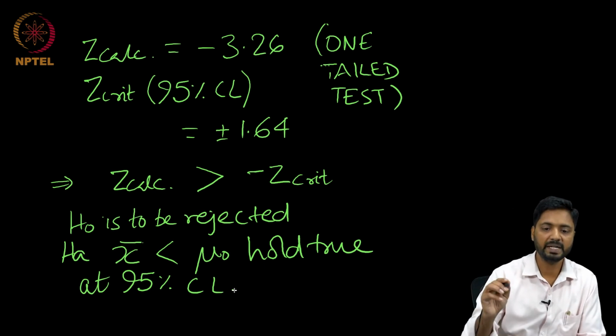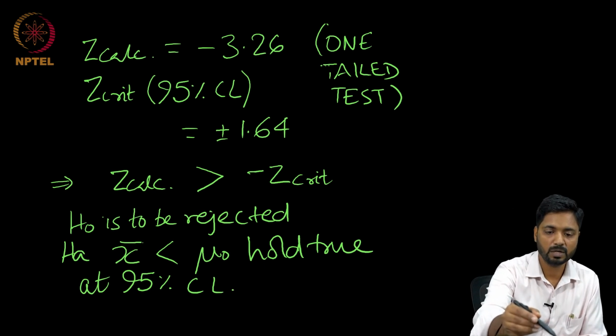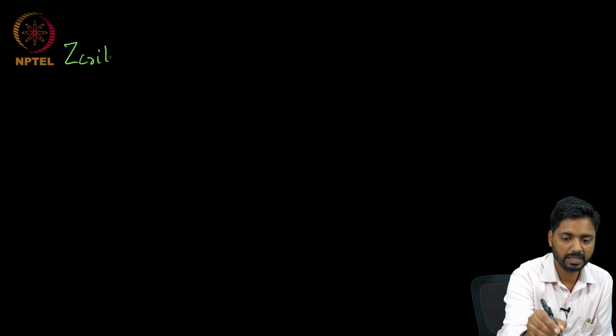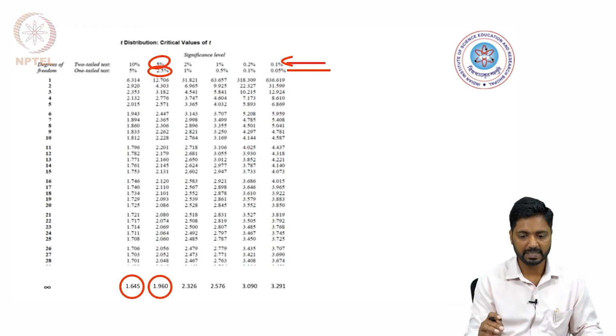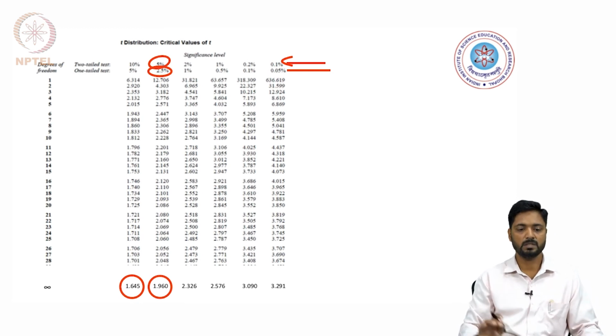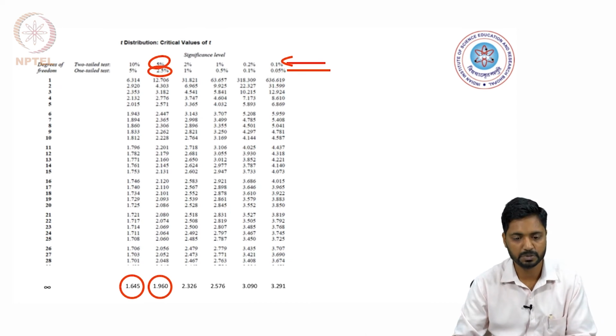Now, repeating the same thing for 99% confidence level, let us quickly go to the T table and see what the z value should be used here.